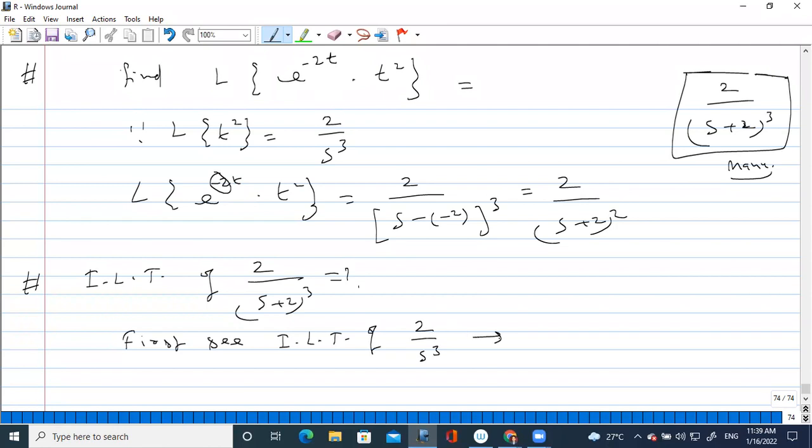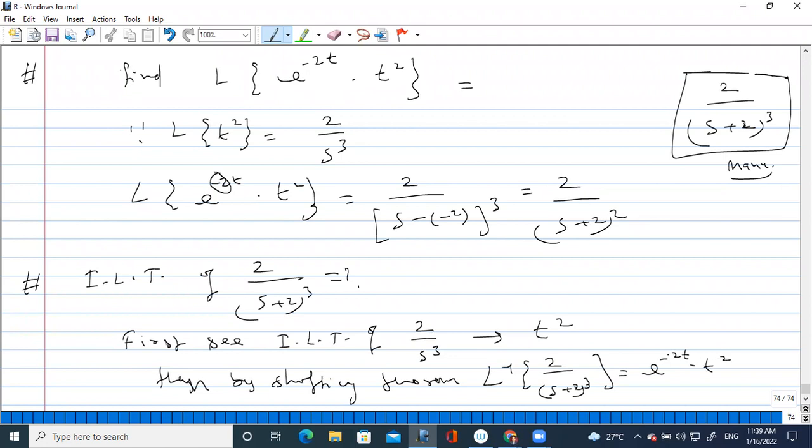That is t square. In that, if this is s plus 2, it means the exponential term you have to multiply. So by the shifting theorem, Laplace inverse of 2 by (s plus 2) whole cube will be just e to the power minus 2t you have to add in that. So this will work for inverse Laplace transform also.